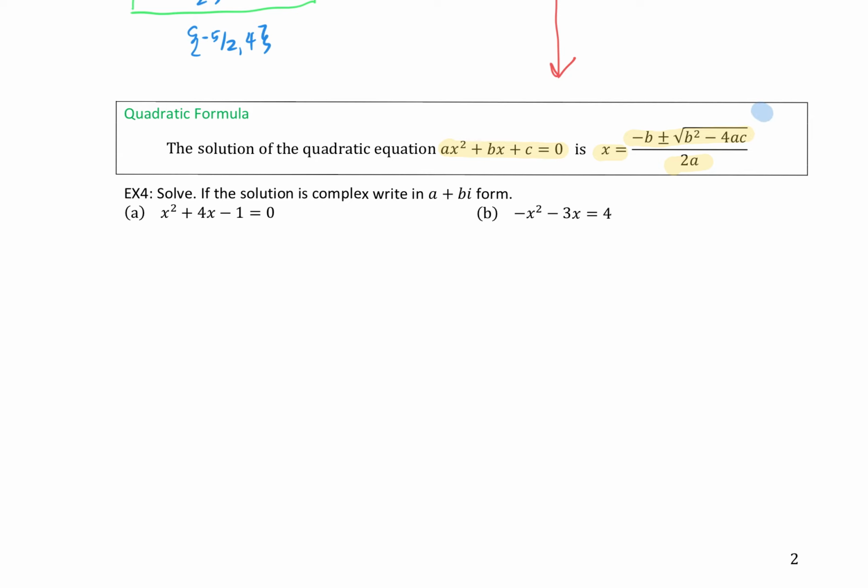Now this b squared minus 4ac, that's what we call the discriminant.